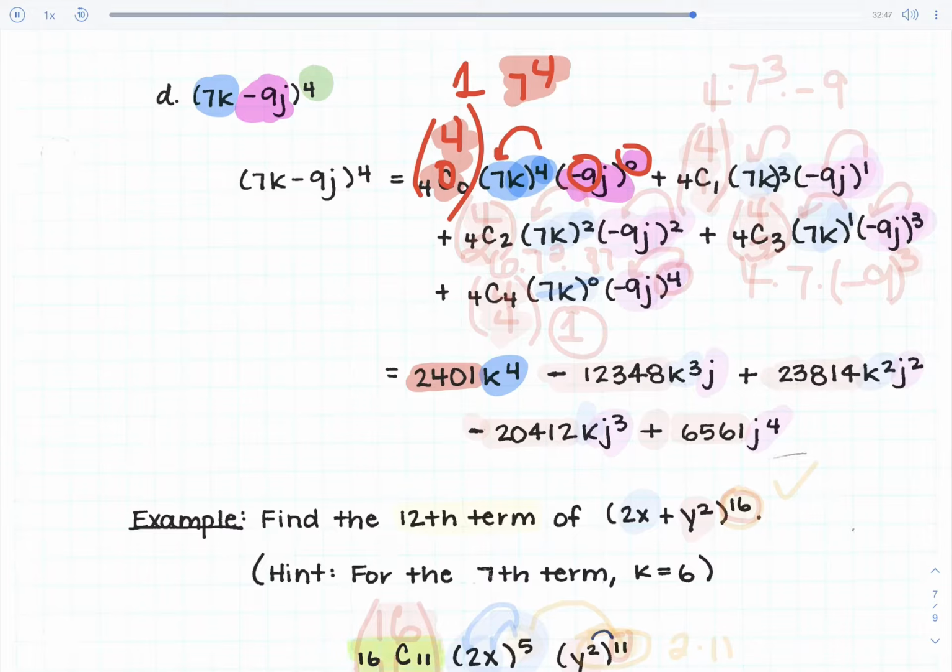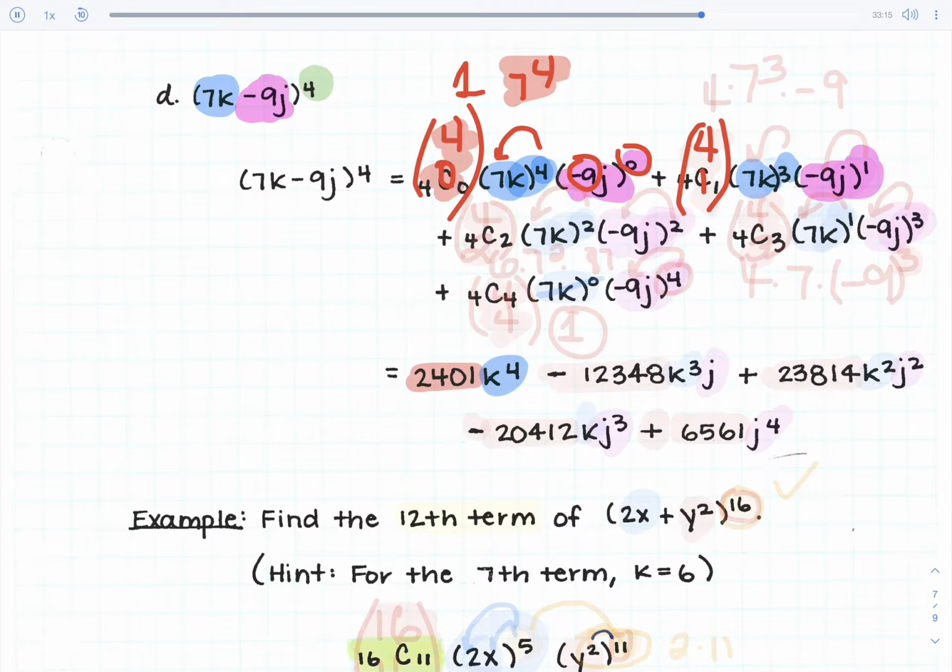Next term, we take our 7k and now raise it to the third power. And we take our negative 9j, and we'd have one of these now to the first power, and we still have to find out what our combination is. We do just like before with our combination, we do our 4 on top and the 1 on the bottom, working our way up.